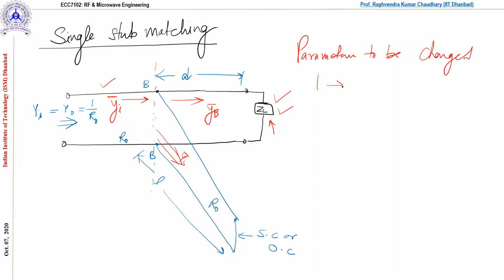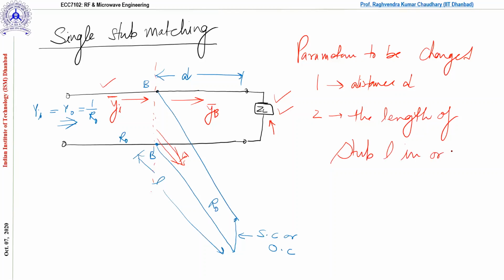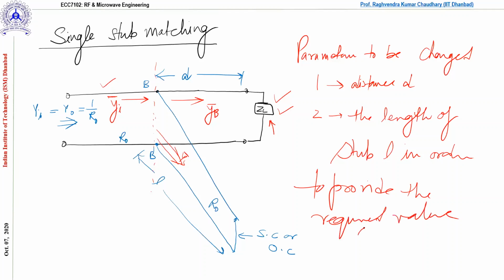The first is the distance d, and second the length of a stub L, in order to provide the required value of susceptance.